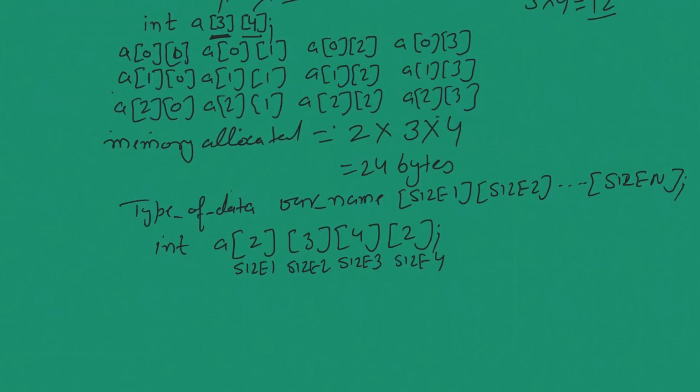The first dimension is 2, the second is 3, the third is 4, and the fourth dimension is 2 long.